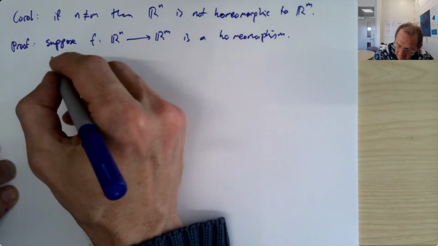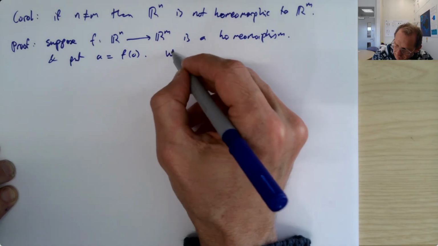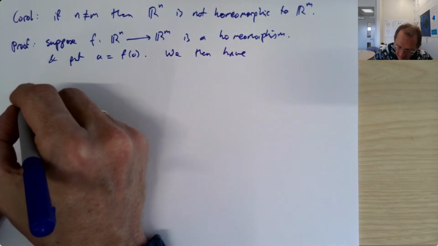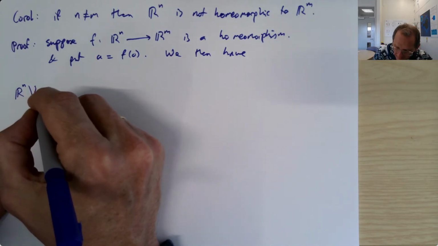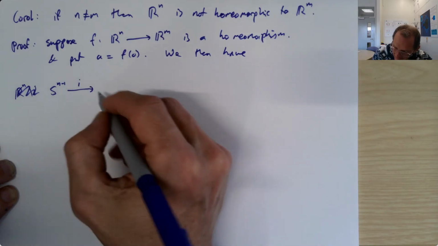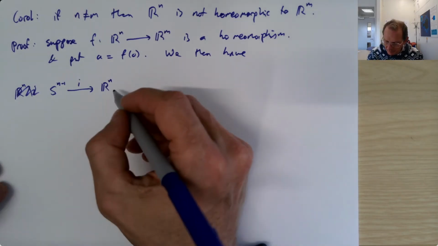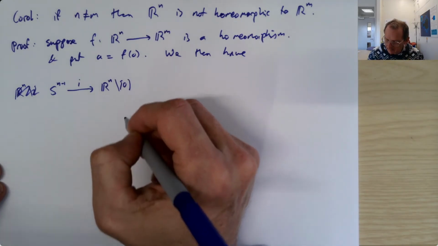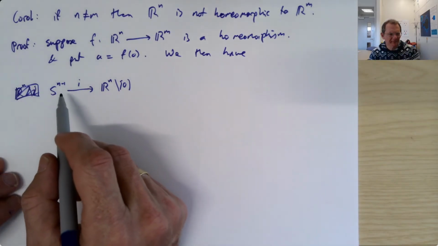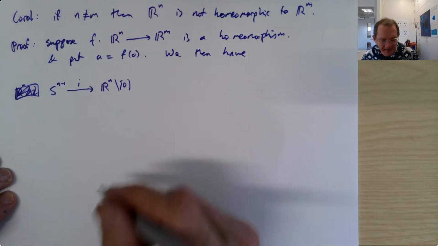And let's just put a equal to f of 0. Now we can consider R^n with 0 removed. Well, let's start with S^(n-1), and we've got this inclusion in R^n with 0 removed. Here I'm implicitly assuming that n is bigger than 0. I'll make an extra comment about the case n equals 0 at the end.